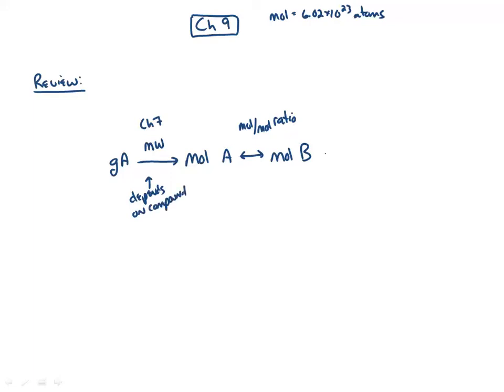And again, we can do the exact same thing on the opposite side. Here again, this is molecular weight, Chapter 7, and it depends on the compound. And of course, the mole-to-mole ratio depends on the balanced reaction.